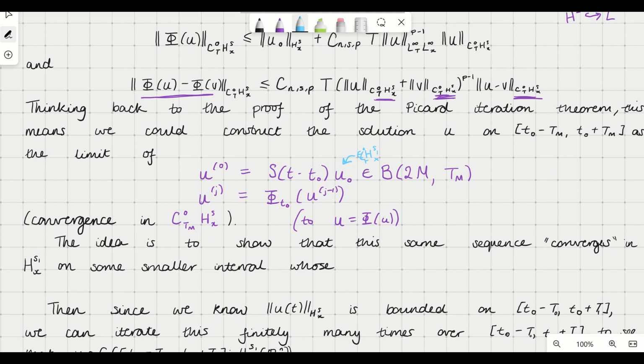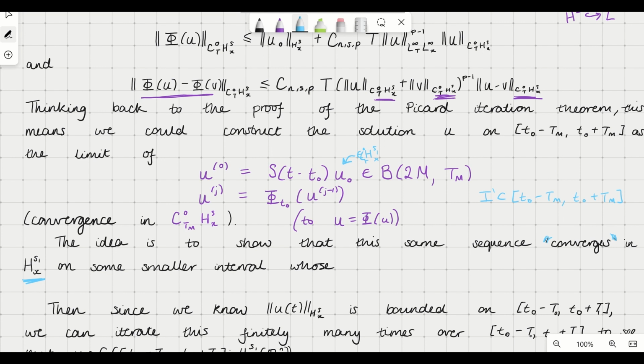And in fact, we're going to show that maybe not on this interval of T0 minus Tm, T0 plus Tm, but maybe on some smaller interval, on some subset of this, these same iterates will converge to the solution U, but now in HS1x.